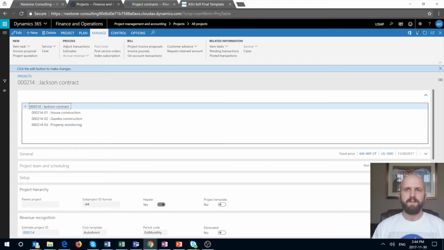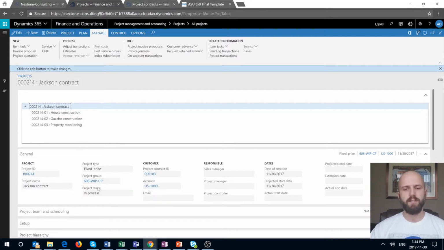One of the gaps or limitations in D365 for finance and operations is that every project within my hierarchy, so all 4 projects, the header project and all 3 sub-projects, should be assigned to the same project group. We can see that all 4 projects are assigned to project group 606 with CP, which is completed percentage. Now let's take a closer look at the setup of that project group.